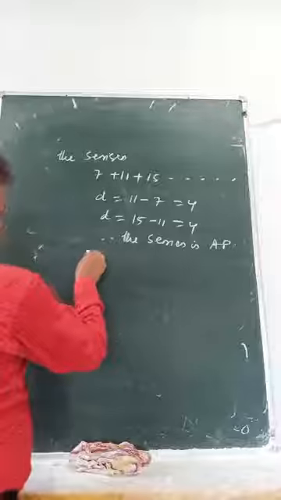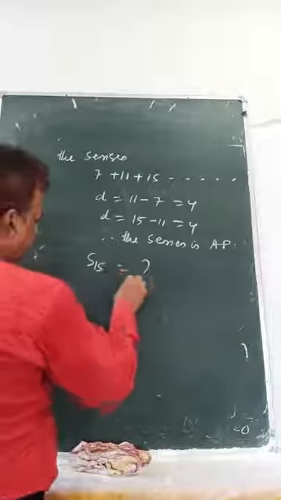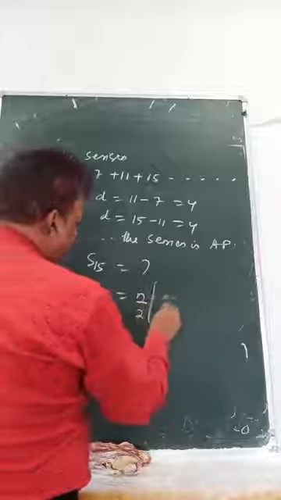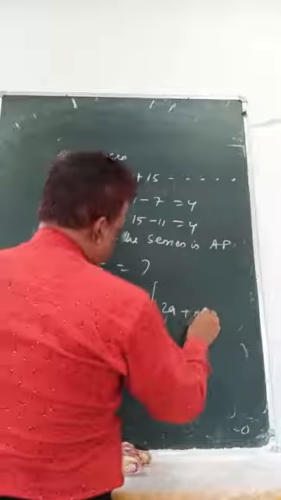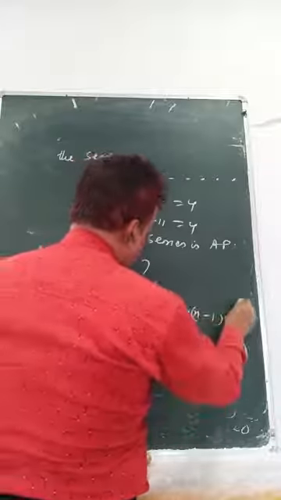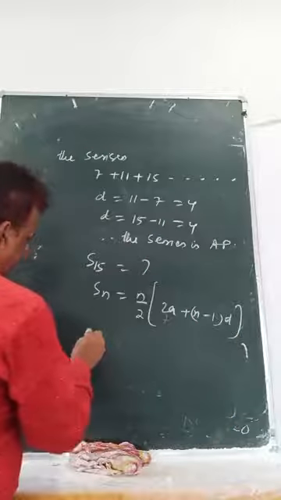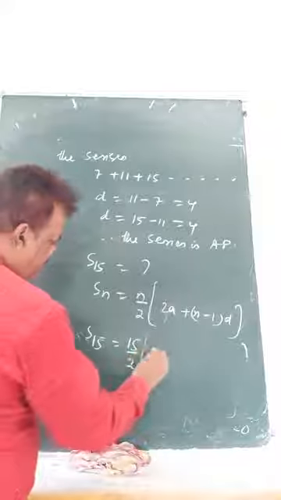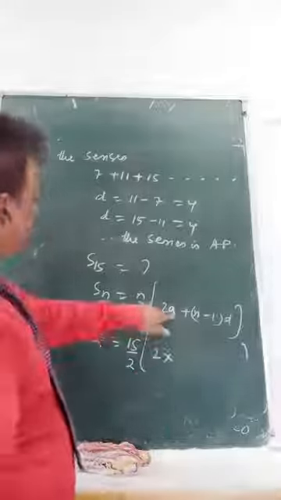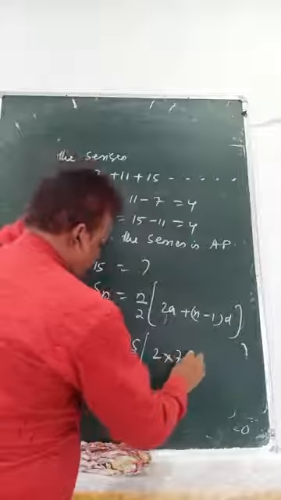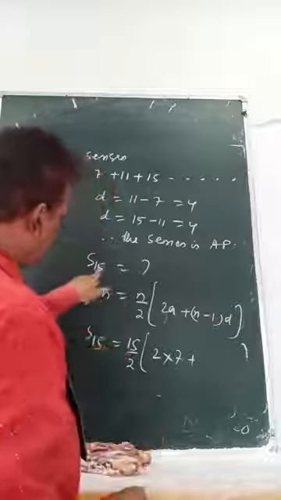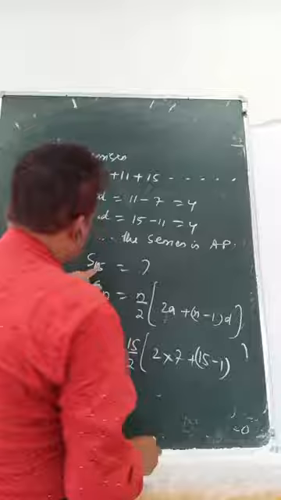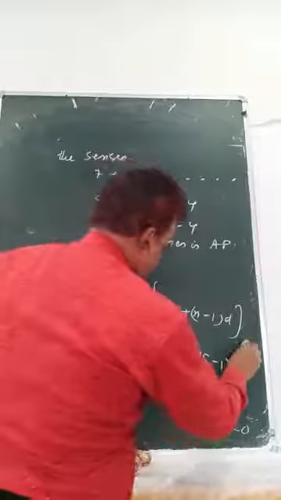Sum of first 15 terms you are asked. 15 terms means S15 you have to find out. So Sn you write n by 2 into 2a plus n minus 1 into d. S15 is 15 by 2 into 2 into a. What is a? First term 7. n is 15. 15 minus 1, d equals 4.